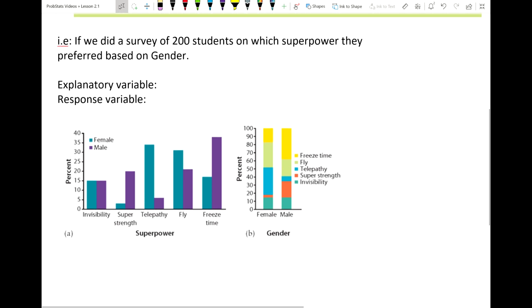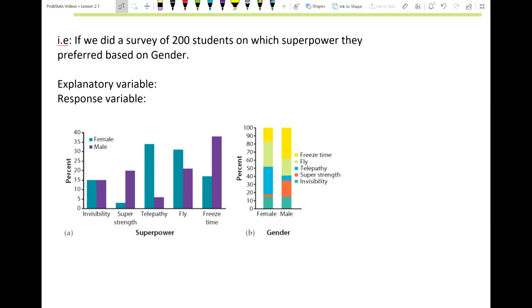So for example, take a survey of 200 students on which superpower they preferred based on their gender. In this case, gender is going to be the explanatory variable, because gender could help us explain which superpower the students preferred.